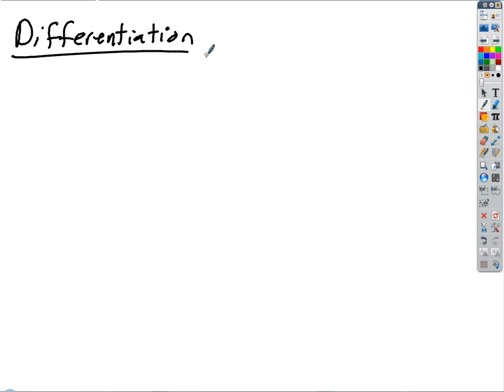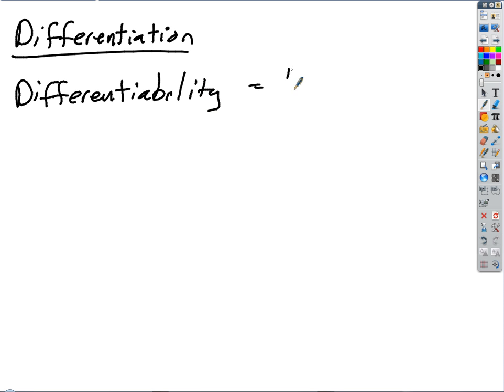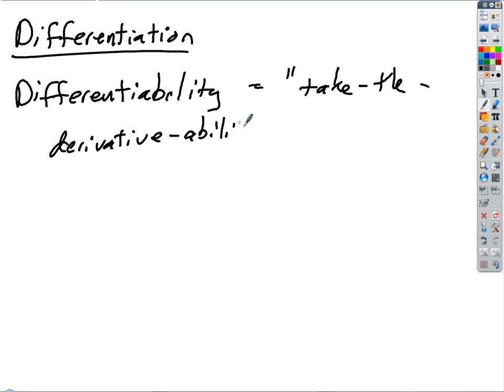So the word differentiability is like take-the-derivative-ability. Can you do it? Does the derivative exist? Wherever the function is differentiable, we can take a derivative. At places where the function is not differentiable, the derivative wouldn't exist.